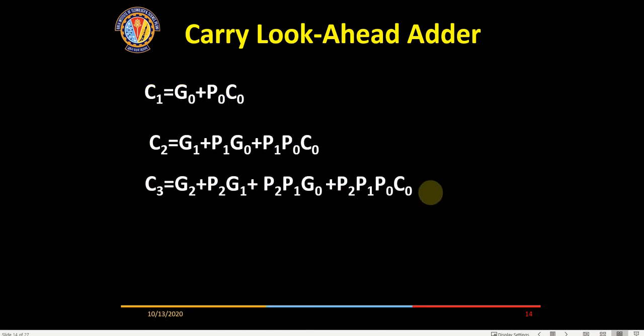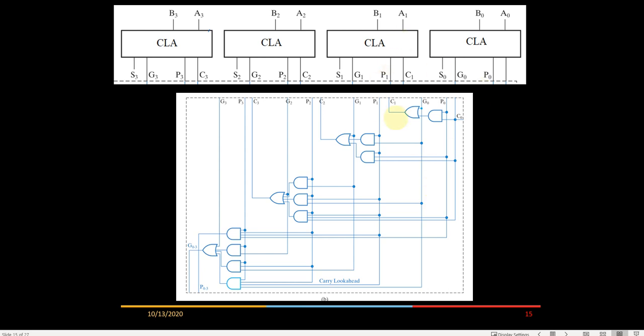This will be the expression for that, and if you see the big block, then the total delay is just 3 gate delays, right? 2 gate delays here, and the third gate delay from here to generate the propagation, so the total gate delay out here will be only 3 gate delay, constant, right? For this configuration it will be like that.